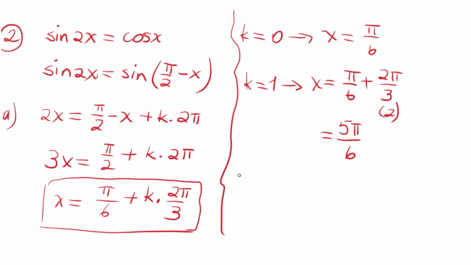And if k is equal to 2, x is equal to pi over 6 plus 2 times 2 pi over 3, so 4 pi over 3, right?